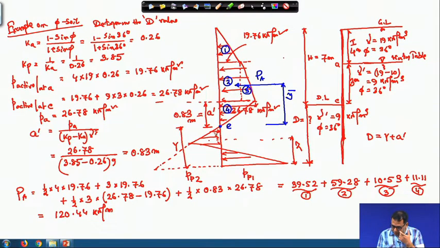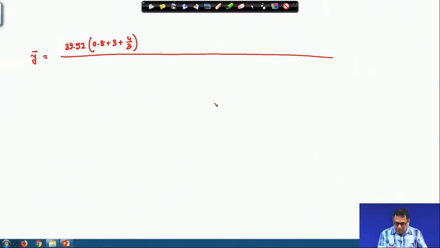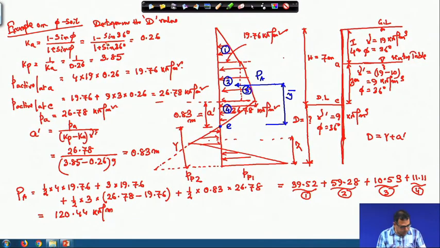Second part will be 0.8 meter. I have done the calculation taking 0.8 meter, so you can take 0.83 also, but there I have taken 0.8.